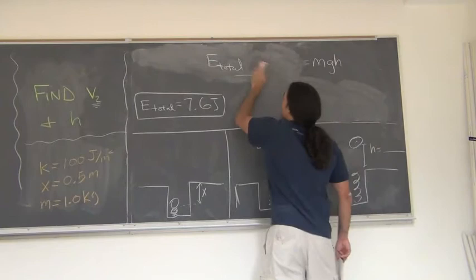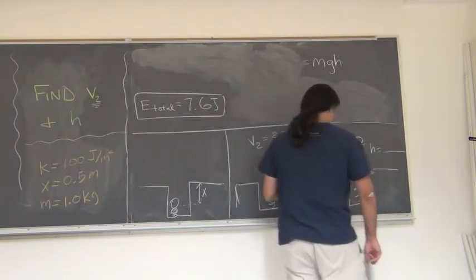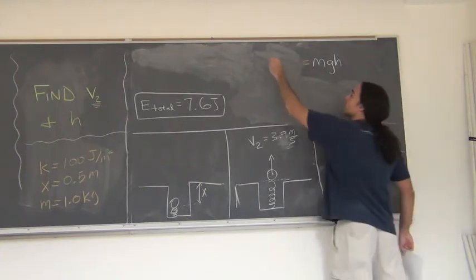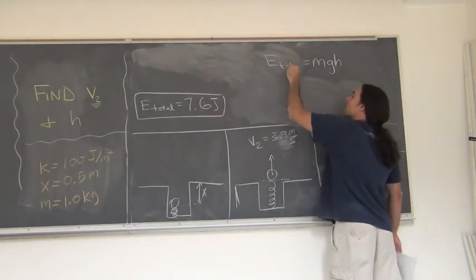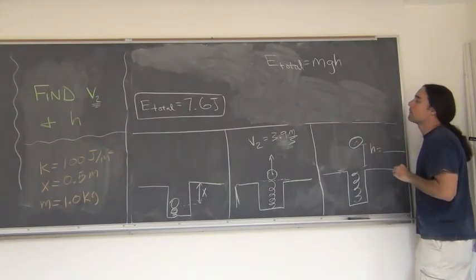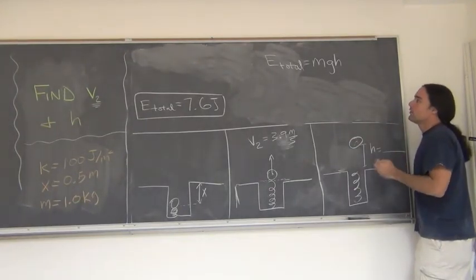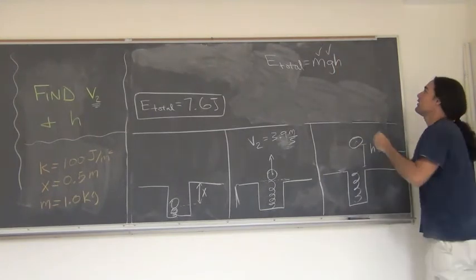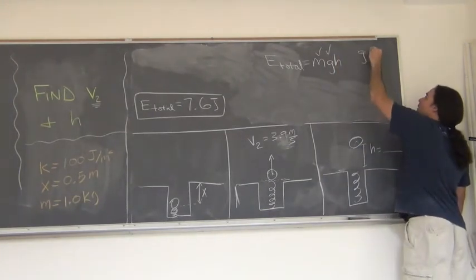Let's get rid of this guy because now I want to look at the picture where our total energy is just gravitational potential energy. So it's just how high did the ball rise up. Same thing, I know what my mass is, I know what G is. I know G is 9.8 meters per second squared.